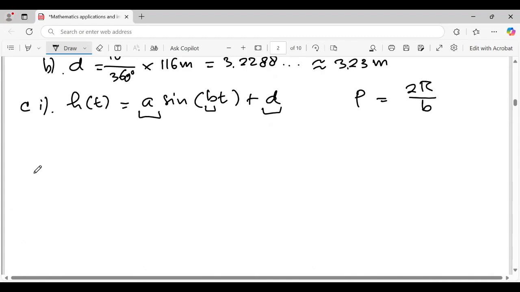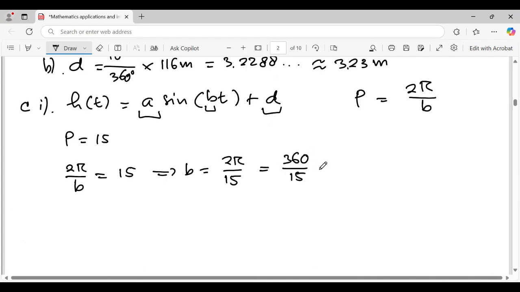Since the period of the wheel is 15 minutes, given p equals 15 minutes, if we substitute 15 into this equation, we can solve for b. So 2 pi over b equals 15. So b equals 2 pi over 15, and in degrees this is 360 over 15 equals 24. So b equals 24.